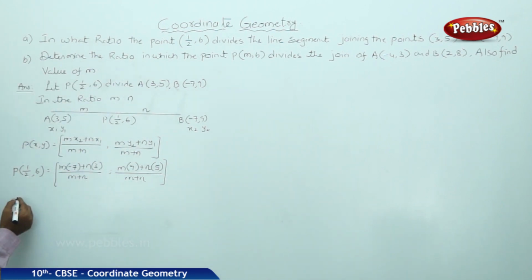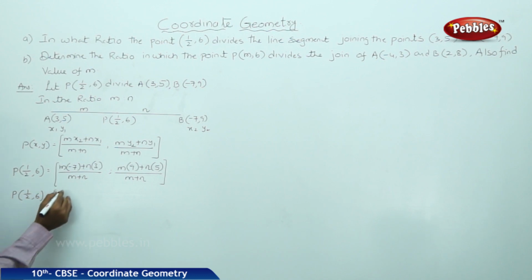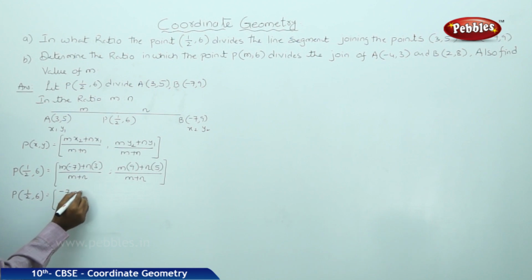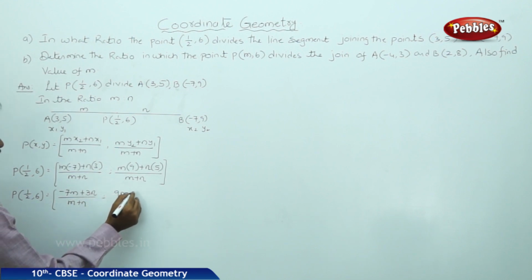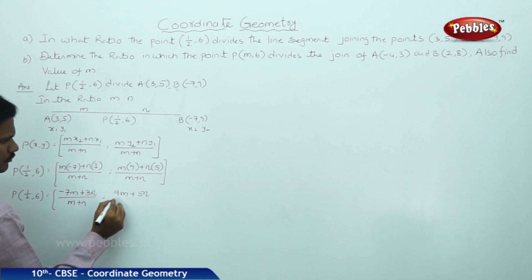Now P(1/2, 6) is equal to (-7m plus 3n) by (m plus n), (9m plus 5n) by (m plus n).